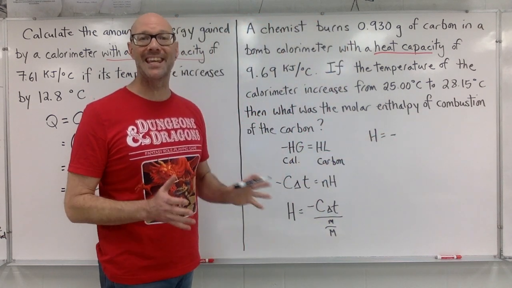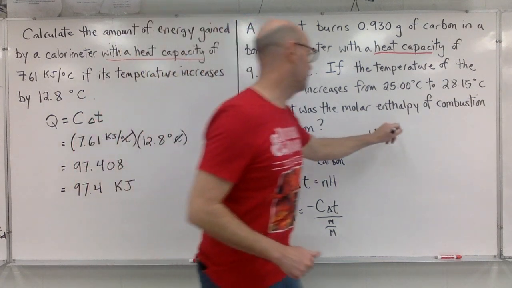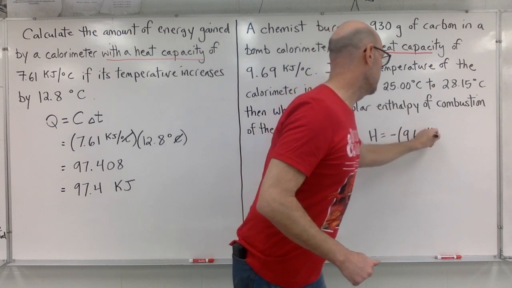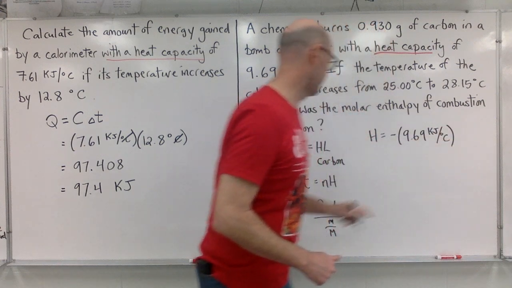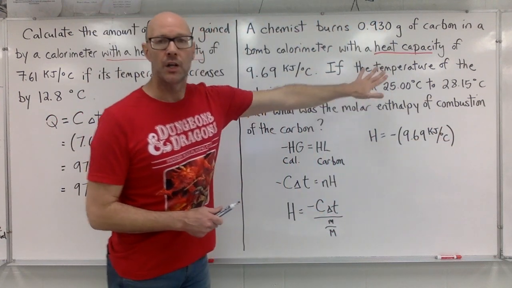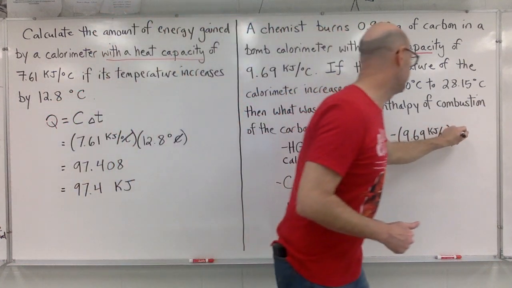Capital C is the heat capacity of the calorimeter, 9.69 kilojoules per degree Celsius. The temperature change here was from 25 to 28.15. I can do that in my head.